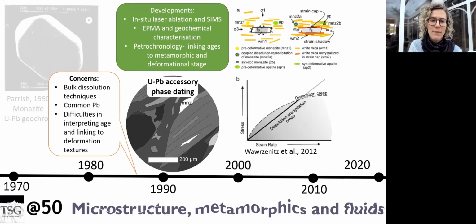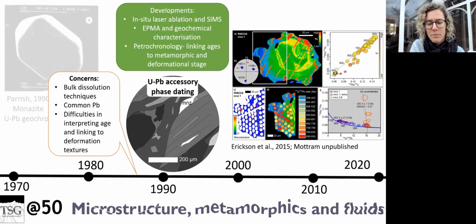However, again, advances in in situ techniques, mapping, characterization of zoning, and using geochemistry of accessory phases to link to those metamorphic reactions and the deformation fabrics have meant that it's now possible to use these phases to quantify the timing and rates and conditions of movement in major orogenic shear zones.